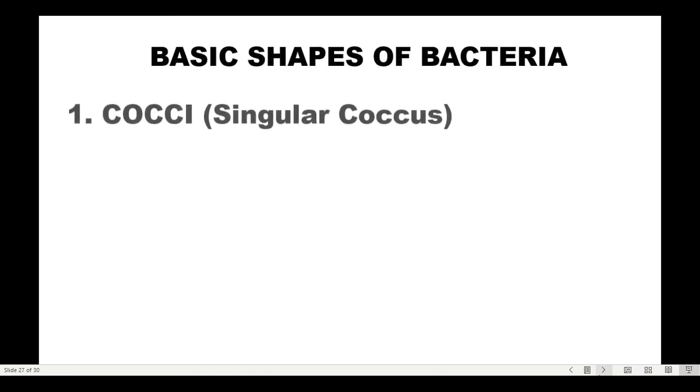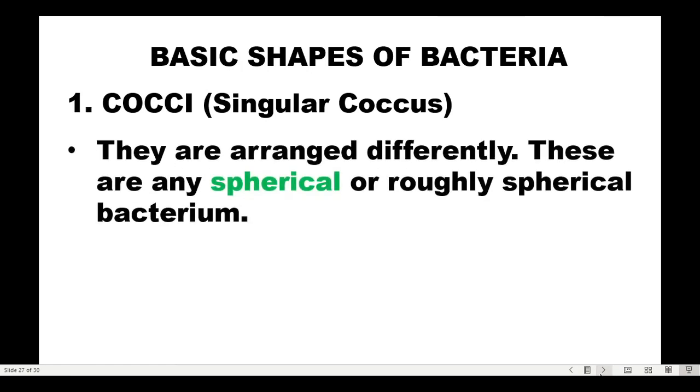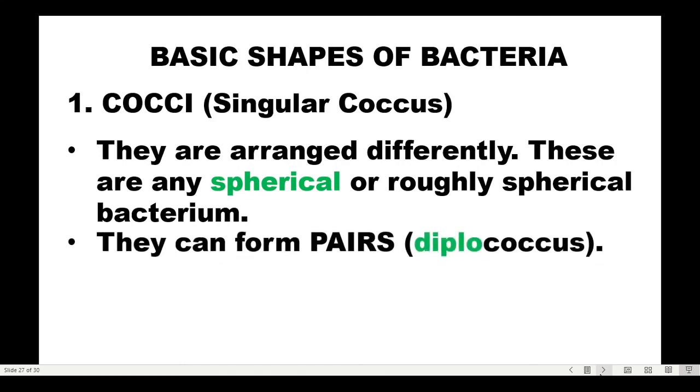Basic shapes ng bacteria. Nasabi ko na yan kanina. Singular, coccus, plural, cocci. Mostly spherical or roughly spherical. Yung mga bilog-bilog. They can form in pairs. Pag pair, diplo. Okay? Di means dalawa.